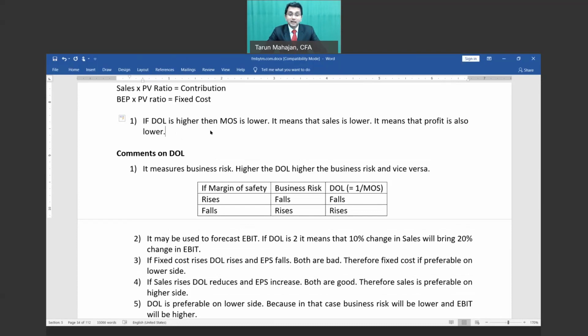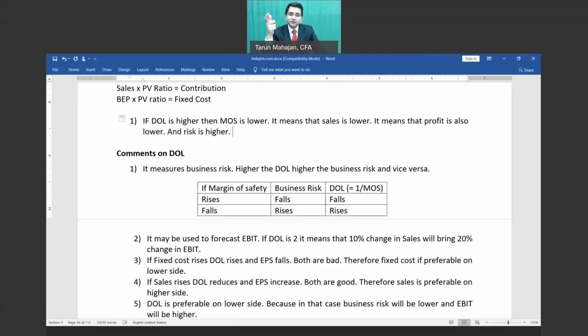It means that sales is lower. It means that profit is also lower. And risk is higher. And you know, the risk is higher because DOL is higher. So higher DOL means number one, higher risk, and number two, lower profit.